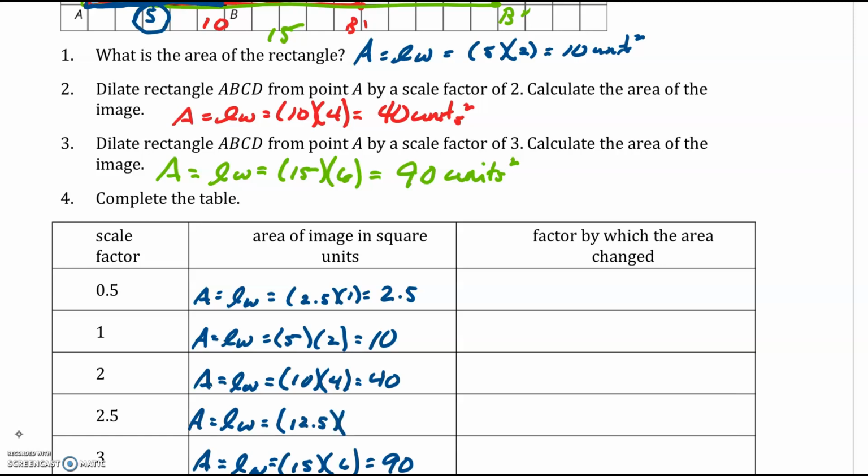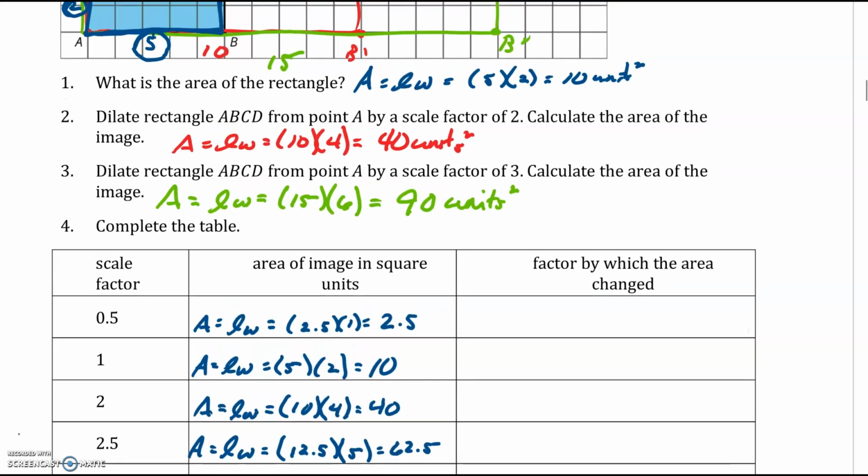And if I take 2, which was the original width, and multiply it by 2.5, I get 5 units. 12.5 times 2.5 gives me 62.5.